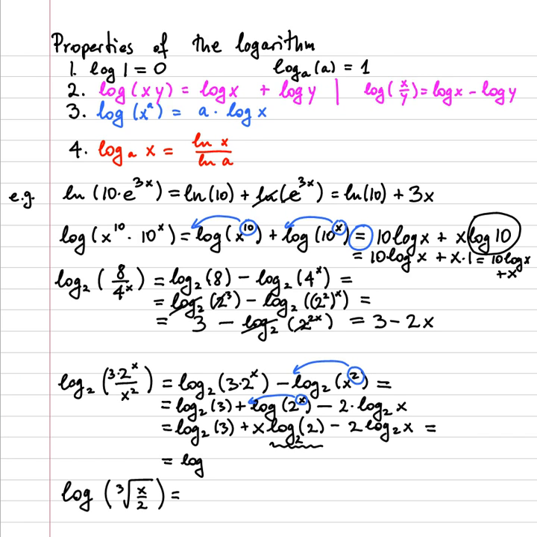If we don't know how to compute or to plug in the calculator log base 2, we'll apply this red property here, and we'll rewrite log base 2 in terms of the usual log. So this will be ln of 3 divided by ln of 2.